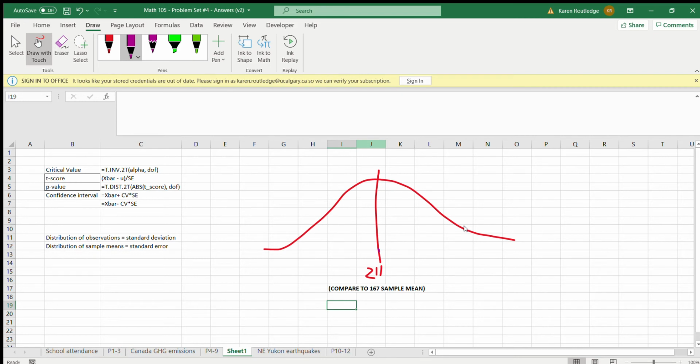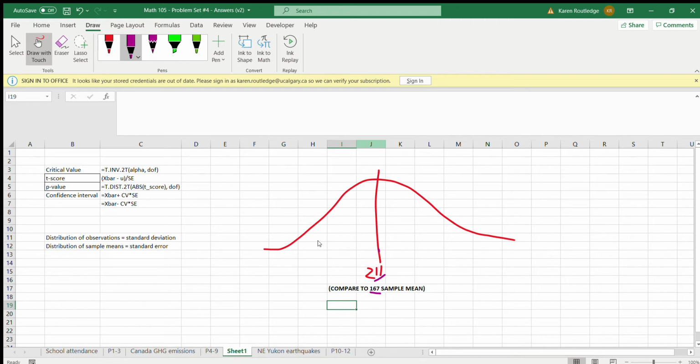In the last video, we had talked about critical values, and really even before getting into that, we needed an approach that would allow us to determine whether or not the population mean could be 211, given that we observed a sample of 167.